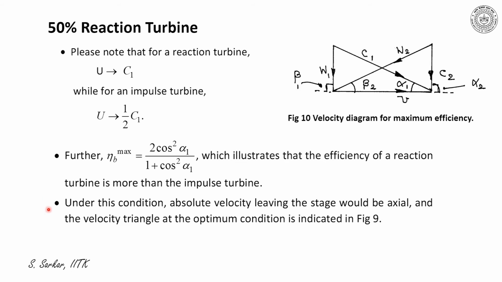Moreover, under this condition, the absolute velocity leaving the stage would be axial, and the velocity triangle at optimum condition has been indicated in figure 10, where alpha 2 and beta 1 would be equal to 90 degrees. The C2 would be axial, as I have indicated here.